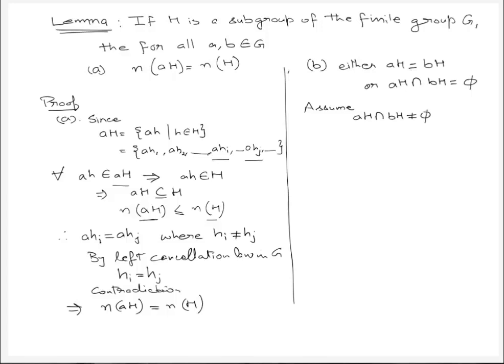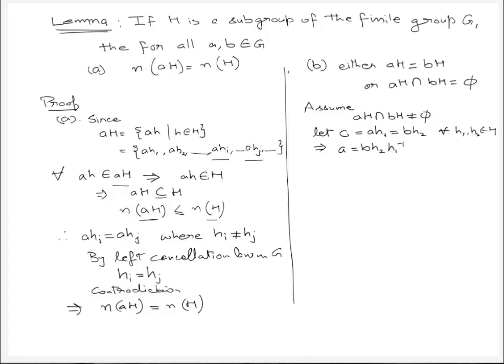They contain some common element, say c, such that c belongs to aH and c also belongs to bH, for some h1, h2 belonging to H. Now from here, applying the right cancellation law, we get a equals b h2 h1 inverse.